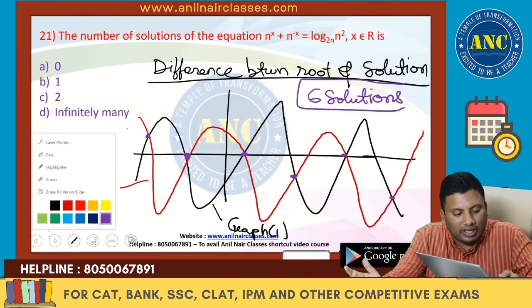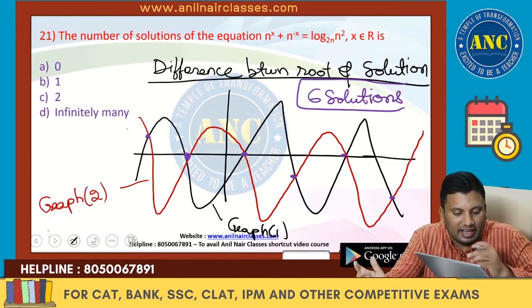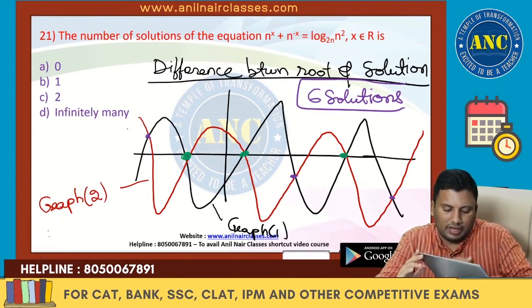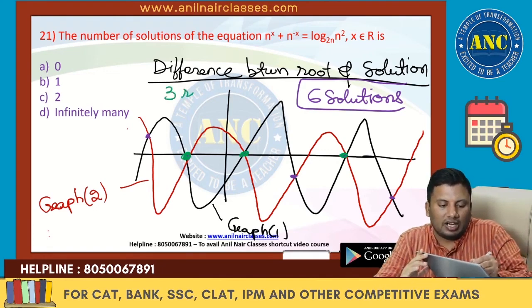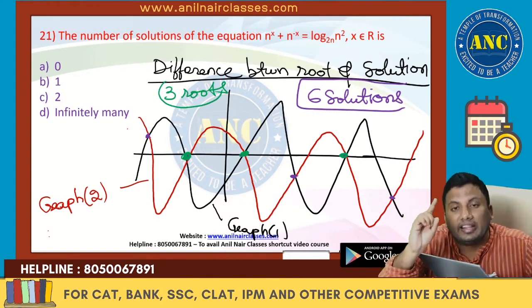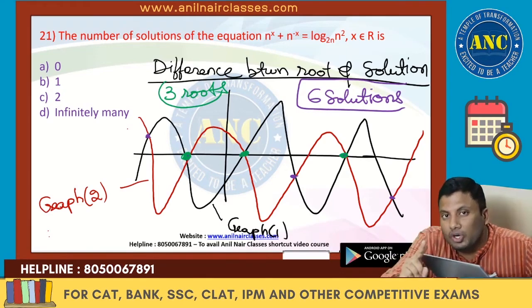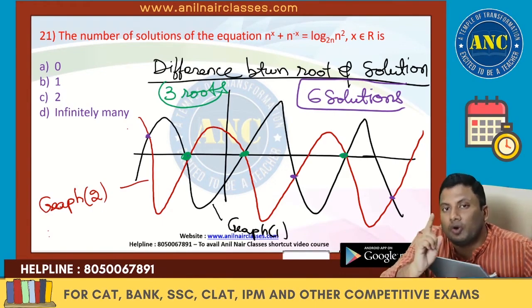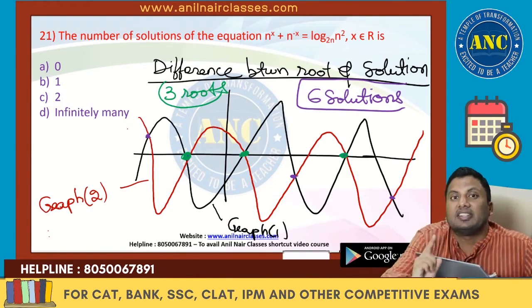What is a root? It should touch the axis. 1, 2, 3. How many roots are there? 3 roots are there. A root is a solution when they intersect at the axis. A root will be a solution only if it touches the axis.